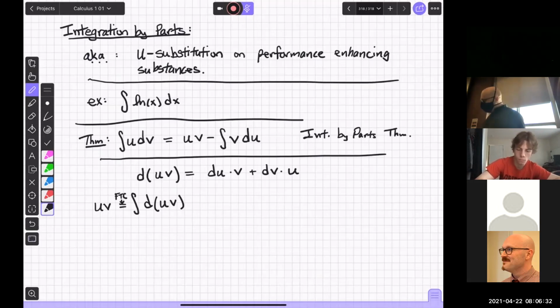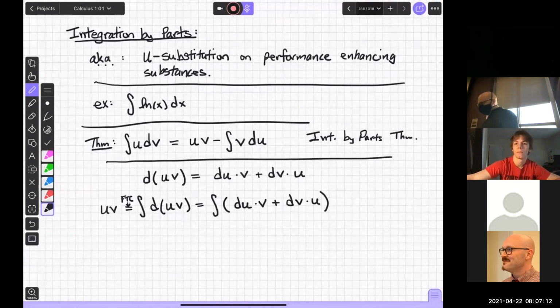Okay, well, not only that, but then because we know what that's actually equal to because of this, we could rewrite that. So we could say that this is the same thing as the antiderivative of the derivative of U times V plus the derivative of V times U. Great, that works.